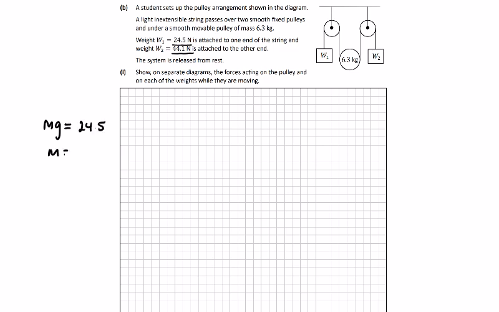So the mass of this one is 24.5 over 9.8, so the mass of that one is 2.5. And the other one, 44.1 divided by 9.8 is equal to 4.5 kilograms. We will need those.